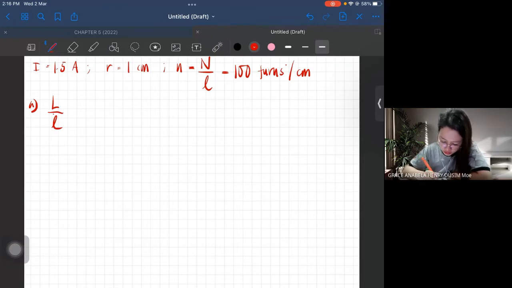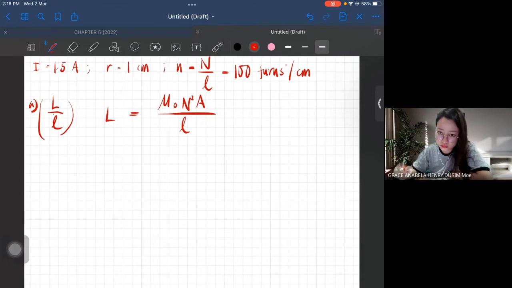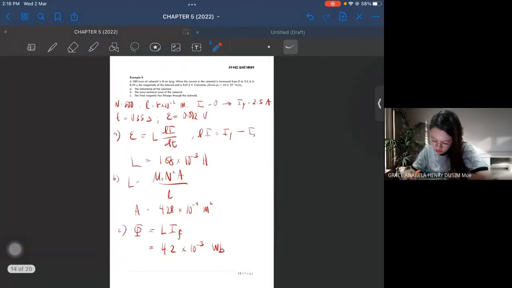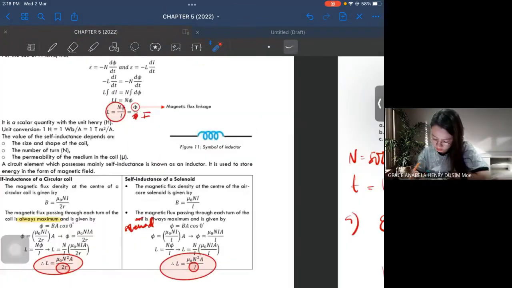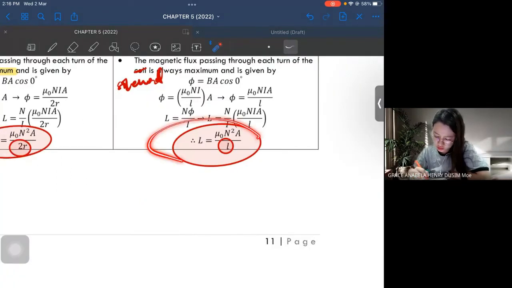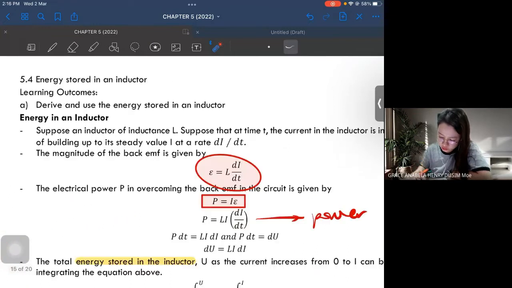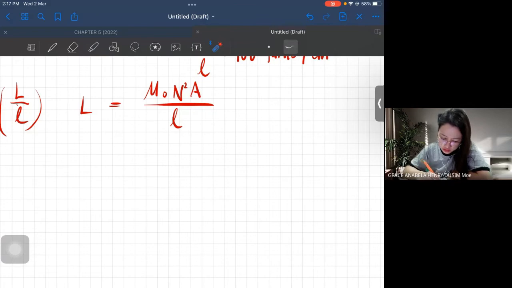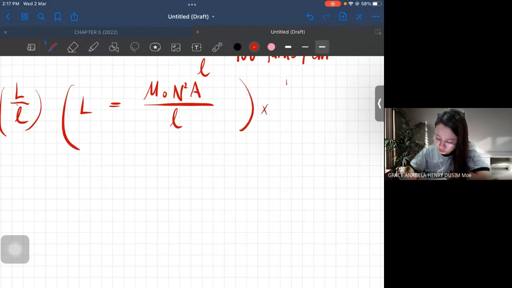We get this from the equation for solenoid, which is mu naught N square A over L. You know where this comes from, right? Yes, Miss, it's on page 11, in the notes.